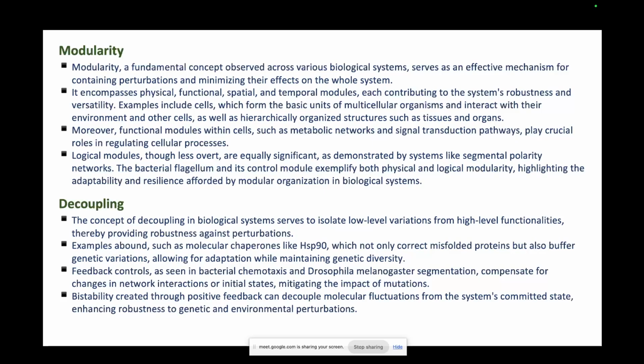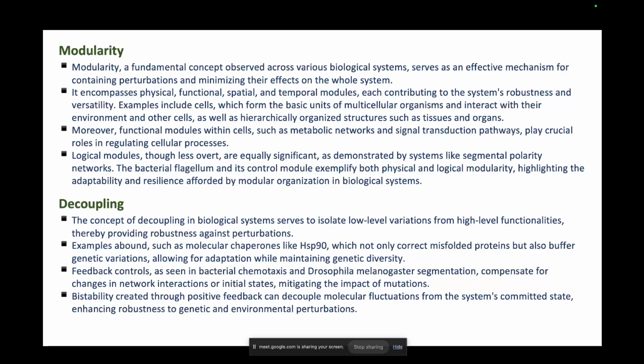So you can restrict the perturbation. For example, in the metabolic network, if one of the elements of your Krebs cycle has been mutated, you do not want that mutation to somehow affect, say, gluconeogenesis, the formation of glucose inside the cell. For that to happen, compartmentalization is important.